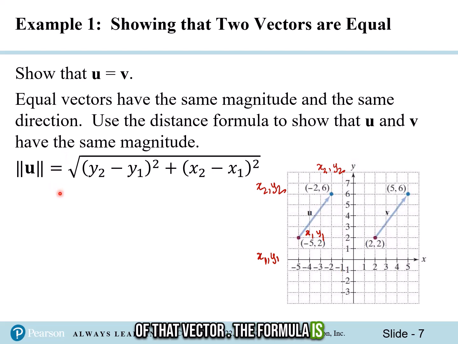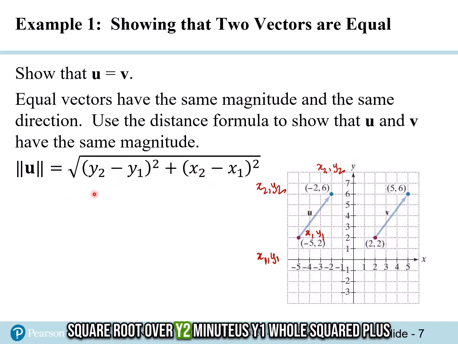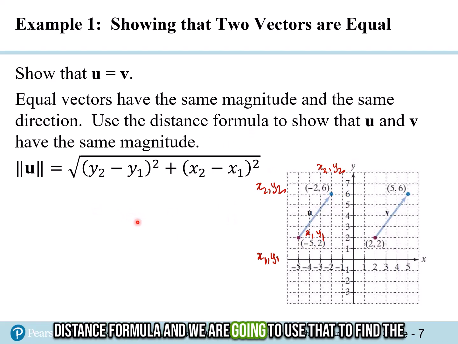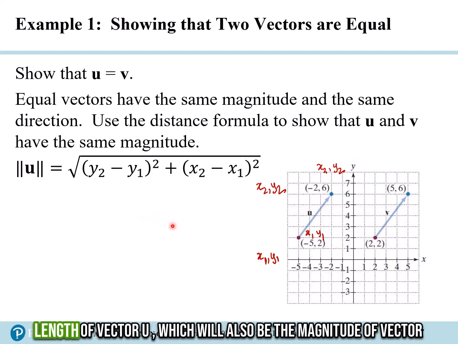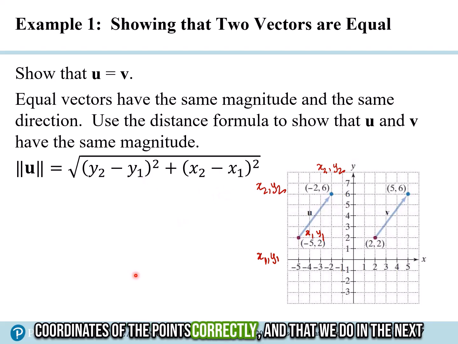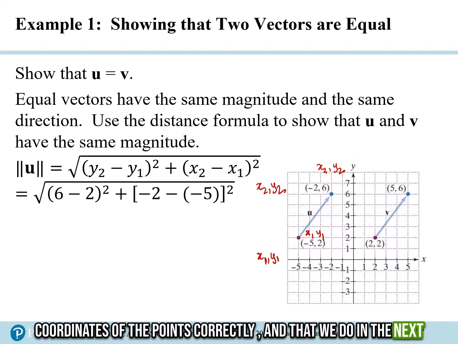The formula is square root over y2 minus y1 whole squared plus x sub 2 minus x sub 1 whole squared. That's the distance formula, and we are going to use that to find the length of vector u, which will also be the magnitude of vector u. So we have to make sure we plug in the values, the coordinates of the points, correctly, and that we do in the next step.